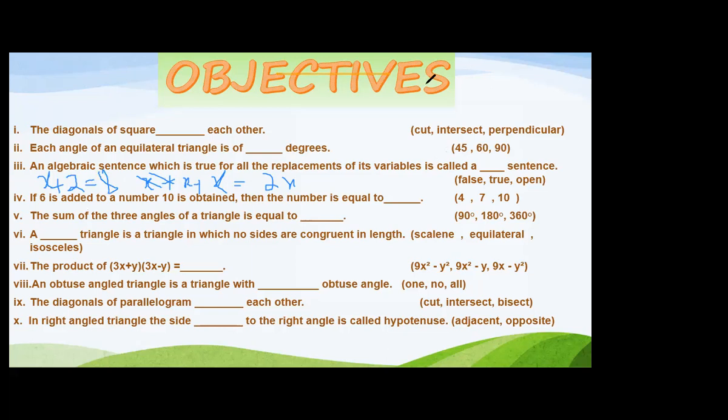So here we have discussed number 3 objective also, and some example objectives related to chapter 4. So an algebraic sentence which is true for all the replacement of its variable is called a true sentence. Okay, true sentence, 60-degree, perpendicular, right?